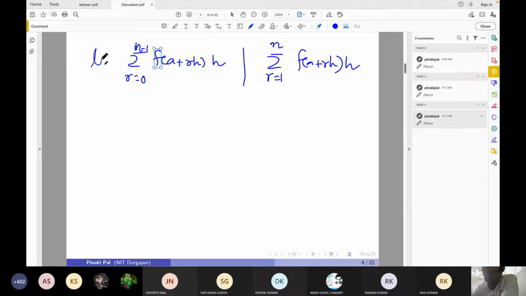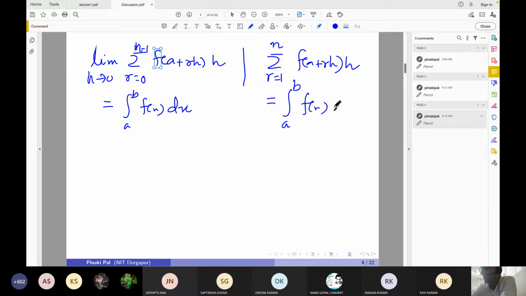And if this limit as h tends to 0 exists uniquely, we call that value the integration of f(x) over the interval AB, dx. Both can be shown to be equal.